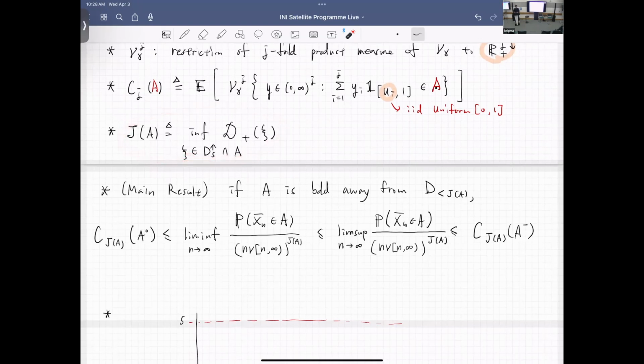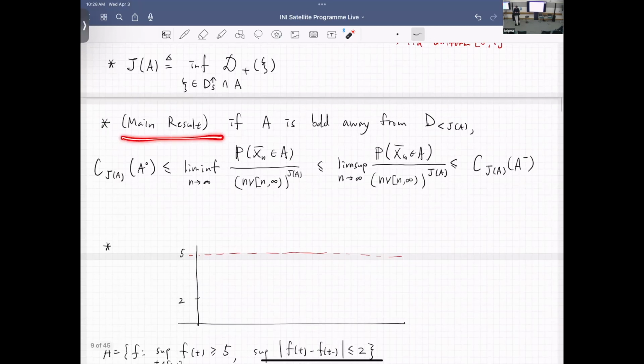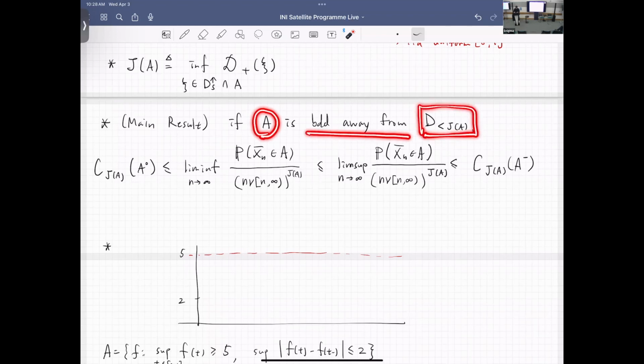All right. So J of A is the smallest number of jumps required for a step function to be inside the set A. The first main result is this. Suppose that A is bounded away from E less than J of A. Remember that E less than J of A was the set of step functions, non-decreasing step functions, with less than J of A jumps.